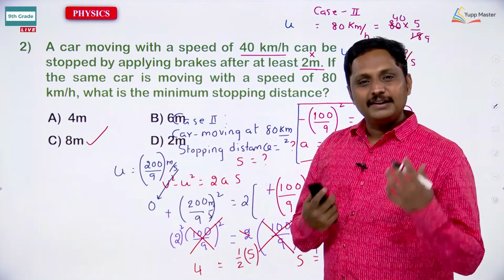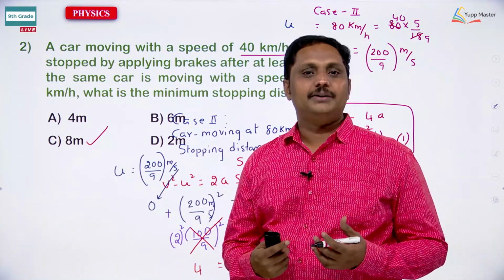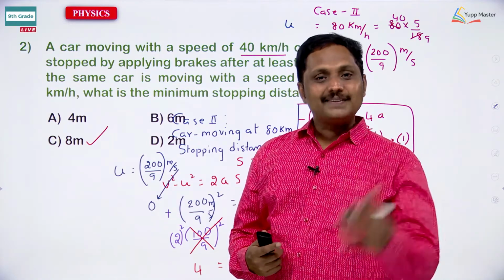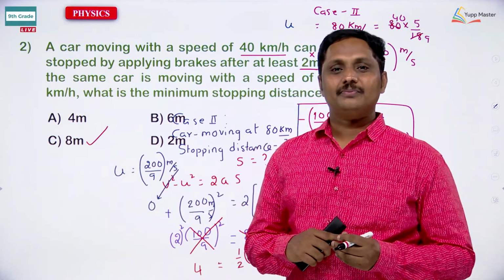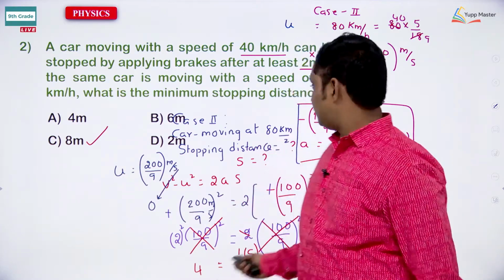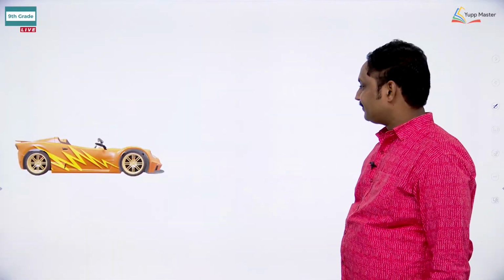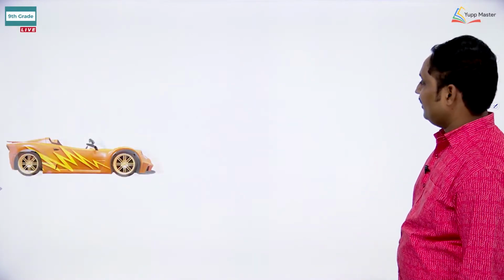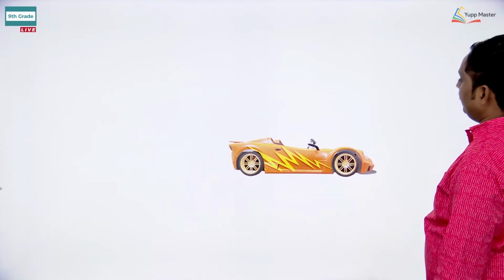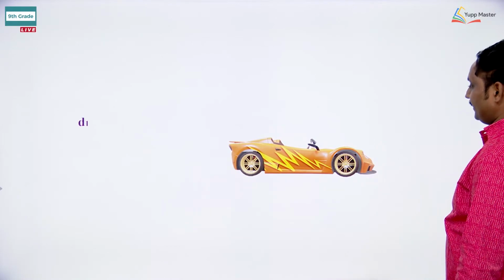So we have to accept different model problems to have perfection. Let us go for another problem. It is very clear, I hope so, just you can see, it is moving, its speed is going to be decreased, I hope so.